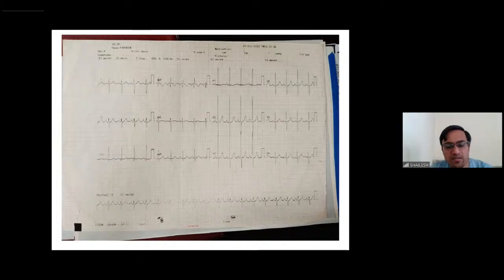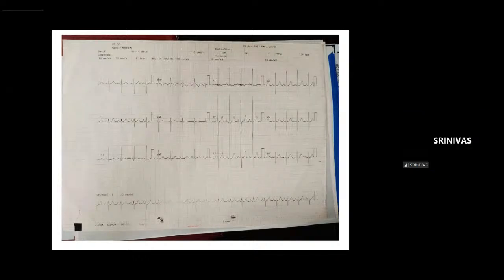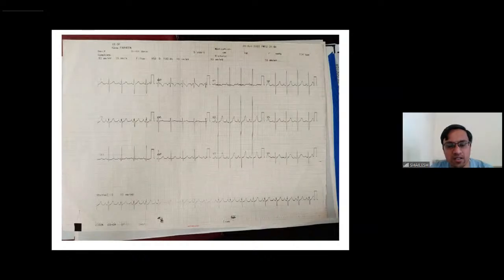What will be the usual degree of right axis in TOF? Sir, the right axis deviation in TOF is around plus 110 to plus 120 degrees, sir. Whereas in cases of DORV, sir, there is extreme right axis of more than plus 150 degrees, sir. Okay. Complete other findings of DORV. And sir, there will be right axis deviation with counterclockwise loop, sir, in DORV, and RVH with a strain pattern will be present, sir.